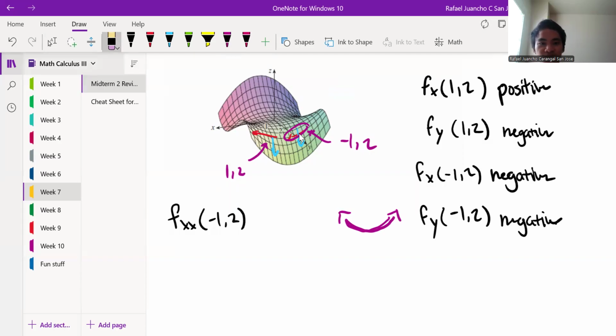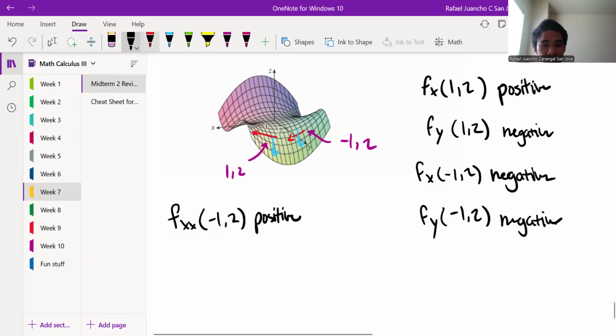From calculus 1, if it's concave up, our second derivative is greater than 0. And so that means it's positive. So here we're checking concavity. This is concave up.